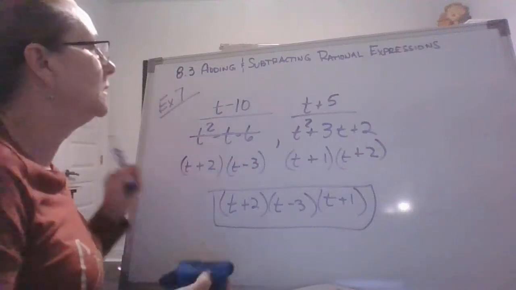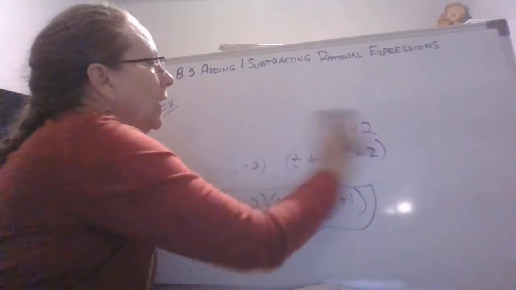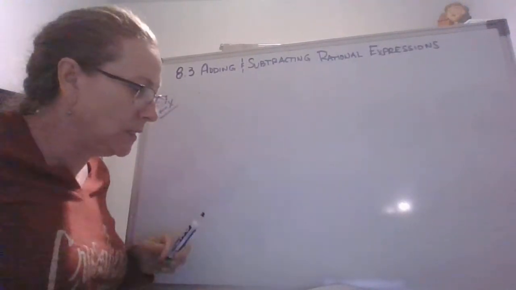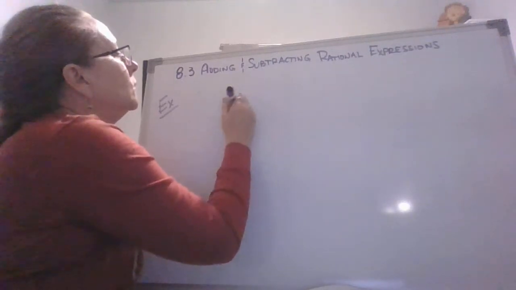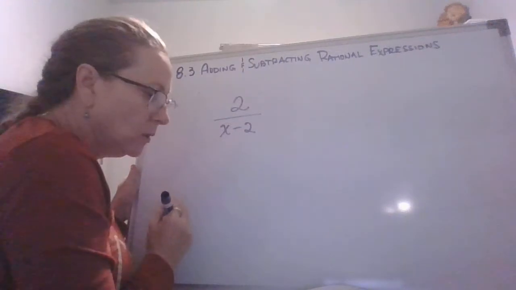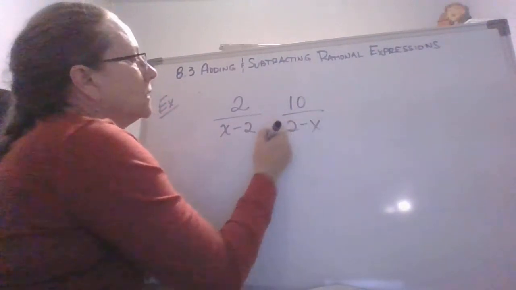Now, what happens if, in example 8, they almost have matching LCDs? We have 2 over x minus 2, and we have 10 over 2 minus x.